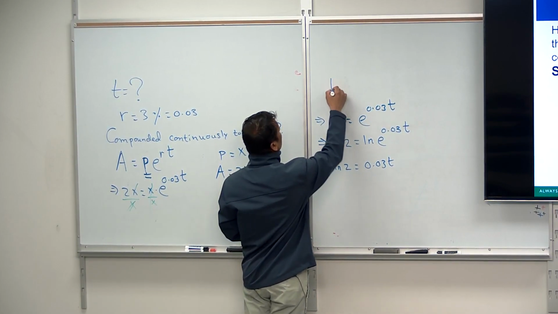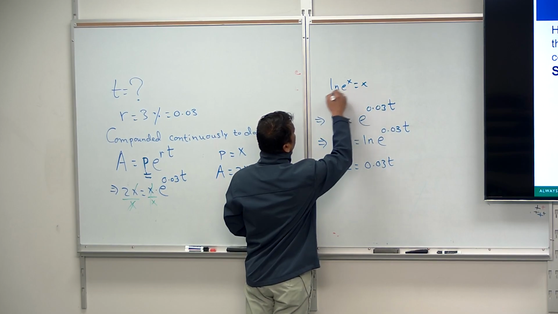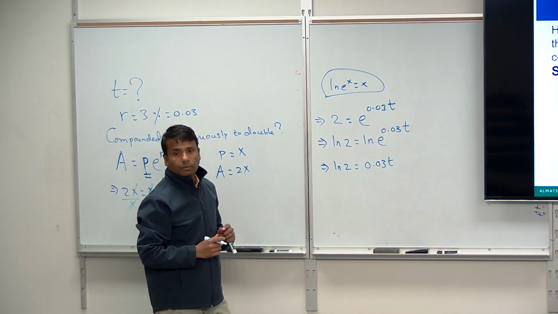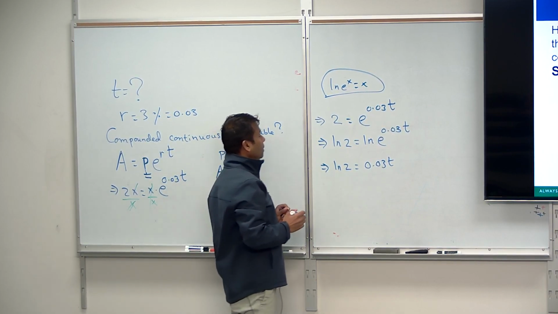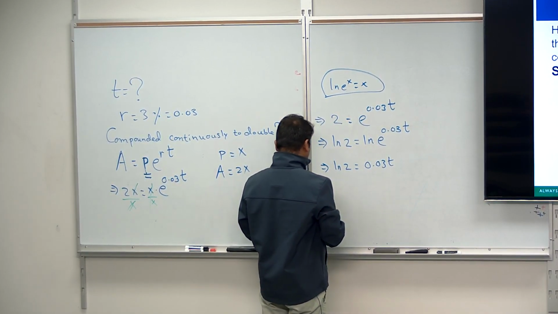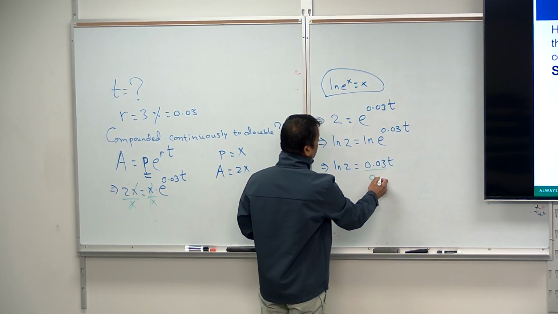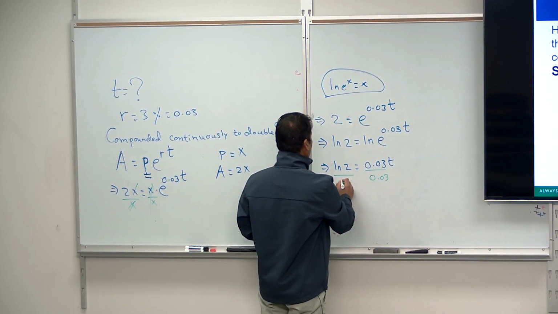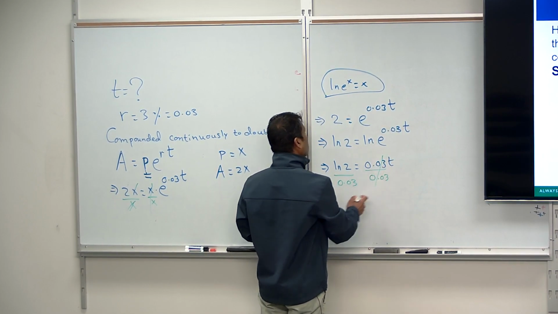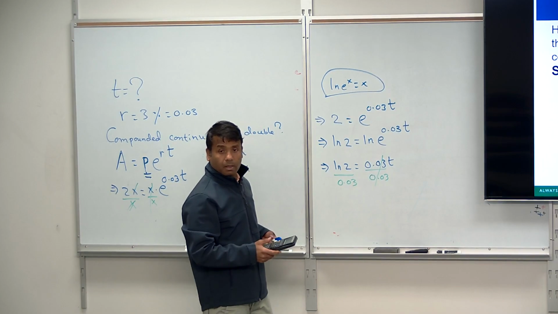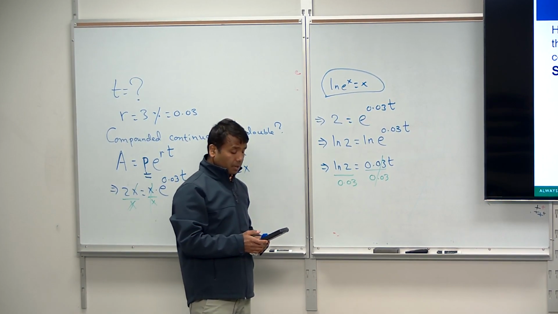You know why? Because this is this. So we divide both sides by 0.03. You cross them out and use the calculator to get the value of T.